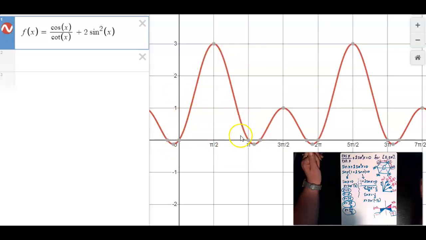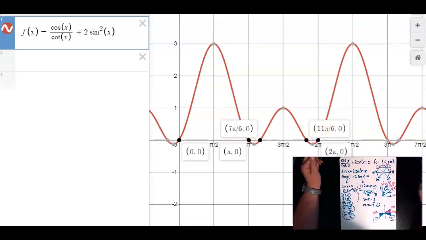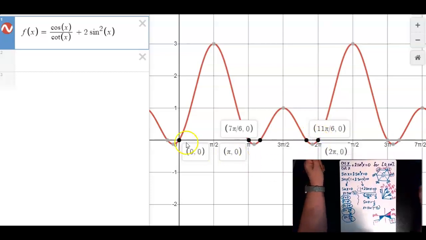These are all the critical points, so your maximums, your minimums, and the zeros. And as you click through, you can see here are our answers, right? There's 0, there's pi, there's 7 pi over 6, there is 11 pi over 6, and there's 2 pi from our points where this equation is crossing the axis.